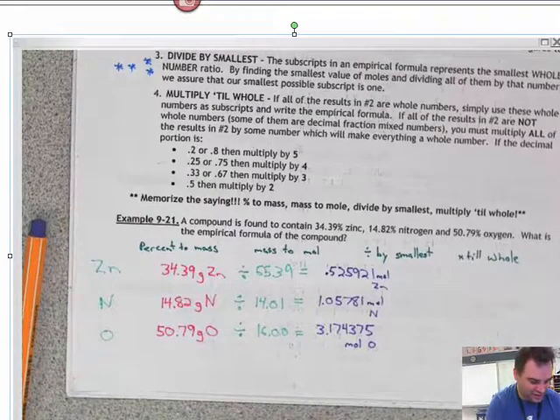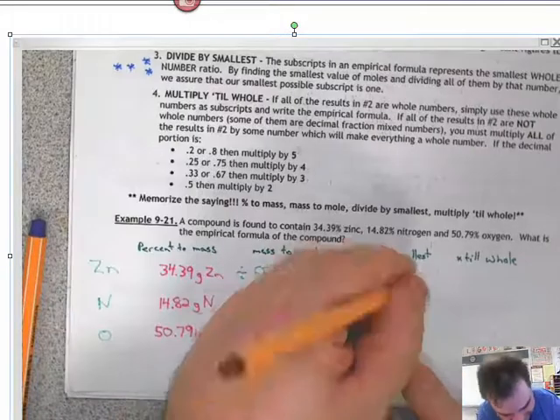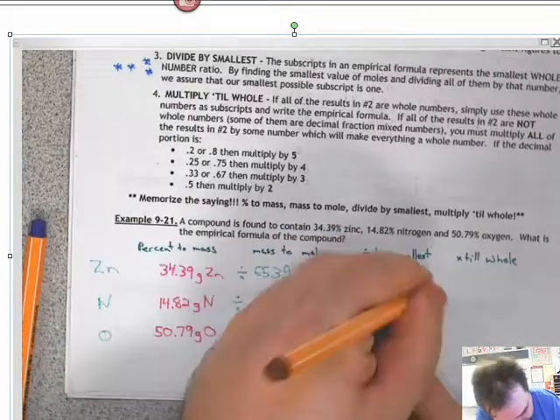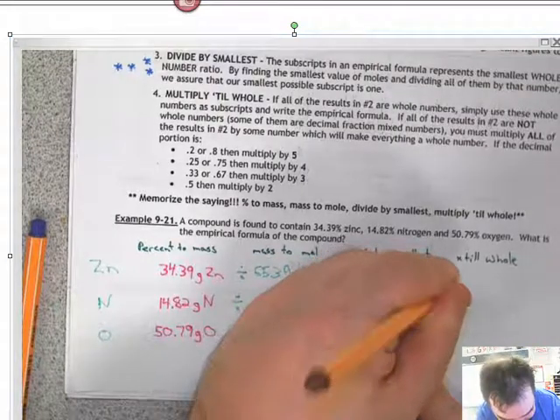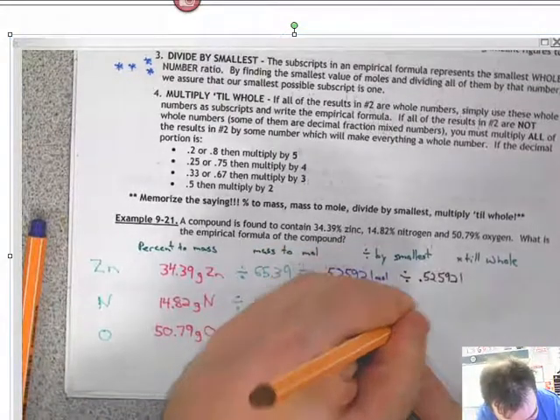So now we're going to divide by the smallest. When we divide by the smallest here, I'm going to divide by 0.525921.